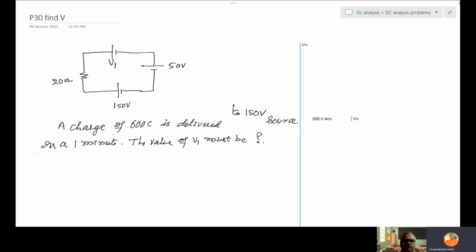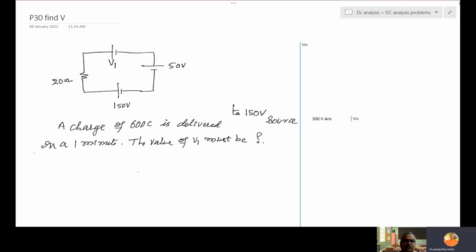A charge of 600 coulomb is delivered to a 150 volt source in a 1-minute time. The value of V1 must be? How much charge is delivered? 600. To which is it delivered? 150. How much time? 1 minute.